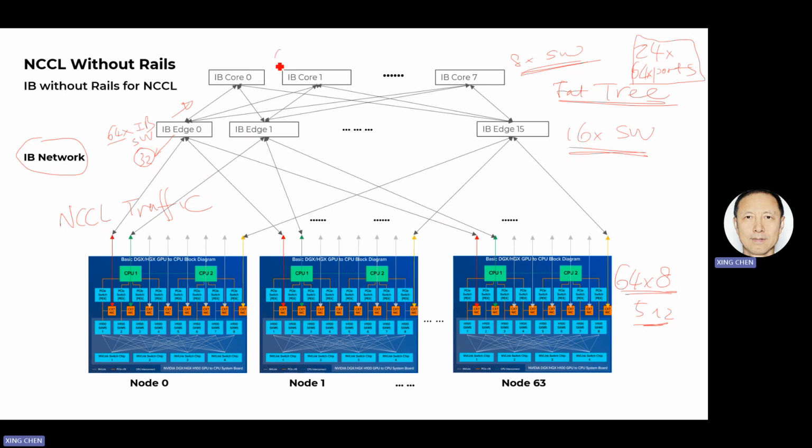Okay, very few. You are going to have very little traffic going through these core layer InfiniBand switches. You have 8 of them. And most of the traffic will go through the edge switches and reach its destination, because the communication, by design, is by rails.